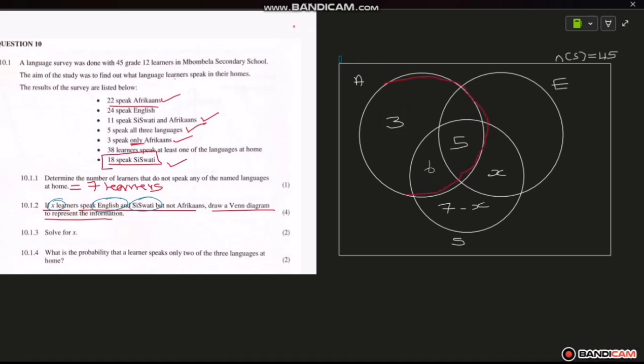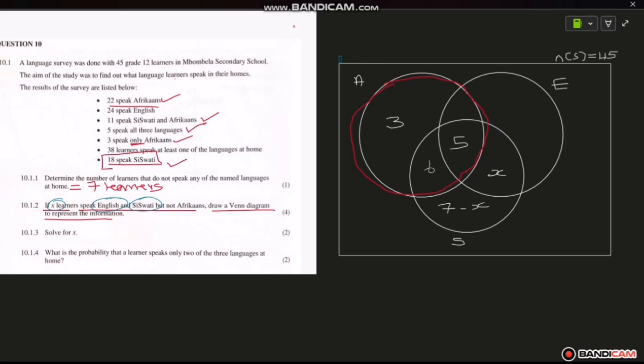So as I'm saying, the 22 is for the entire Afrikaans event. So what we're going to do, 22 minus 3 minus 6 minus 5, so we can find that empty space between Afrikaans and English. So the answer is going to be 8.